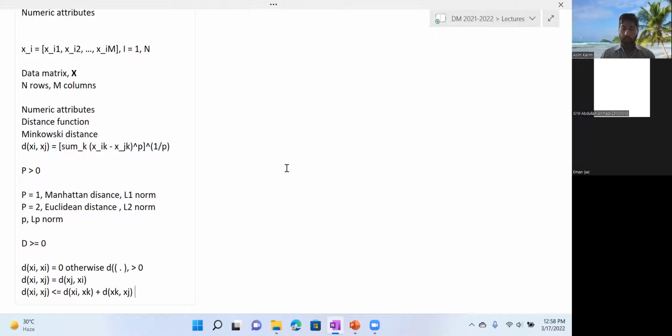If you go from xi to xk, that other point, and then from xk to xj, the sum of those two distances would in general be greater than or maybe equal to the direct distance between xi and xj. So this is called the triangle inequality.